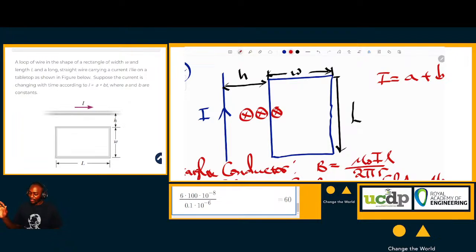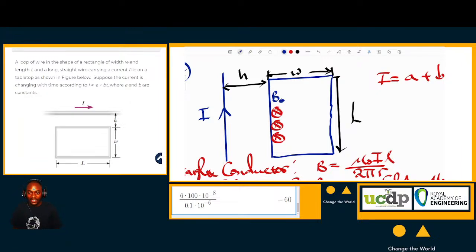Now again, we are focusing on what is happening inside, and you forget about the outside here, right? This is the original magnetic field, B, original magnetic field due to the straight conductor, all right?